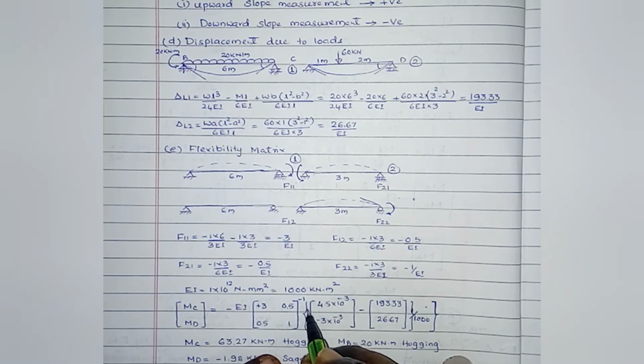Inverse of this, times the settlement at the support at coordinate 1, that is 4.5 into 10 to the power of minus 3, which we have just calculated, and delta 2 due to settlement, minus 3 into 10 to the power of minus 3, minus the displacement due to the loads at coordinate 1, that is 193.33 by EI, and at 2, that is 26.67 by EI.